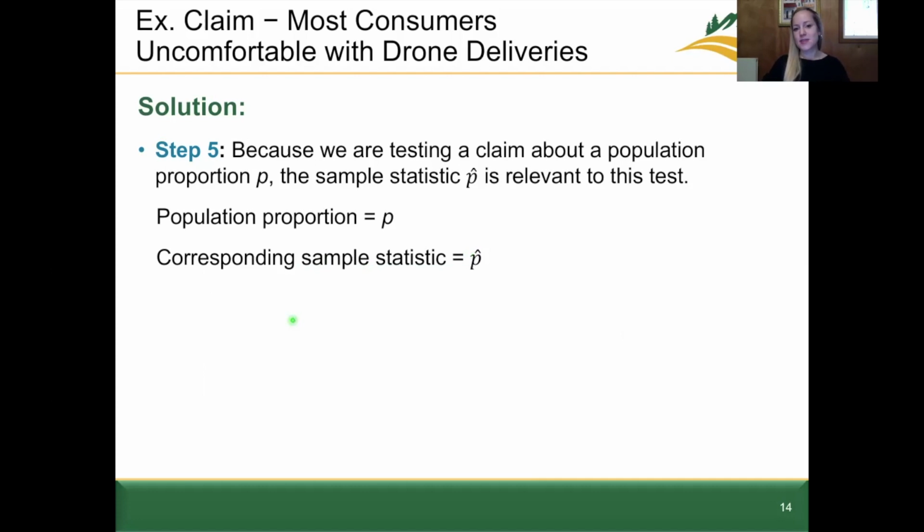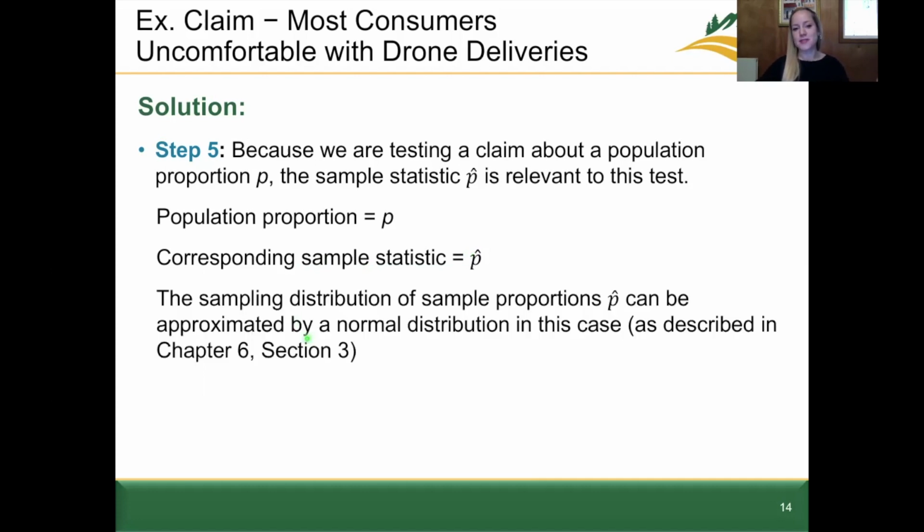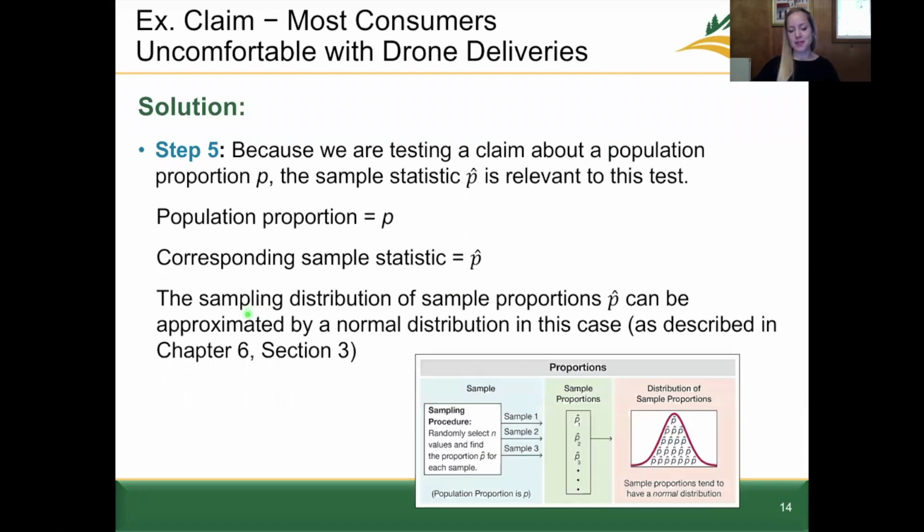Now, thinking back to what we saw in 6.3, we know that when working with a sampling distribution of sample proportions, or P hat values, these can all be approximated by a normal distribution. Visually, if you remember from 6.3, our distribution of sample proportions, or P hat values, can be approximated as a normal distribution.